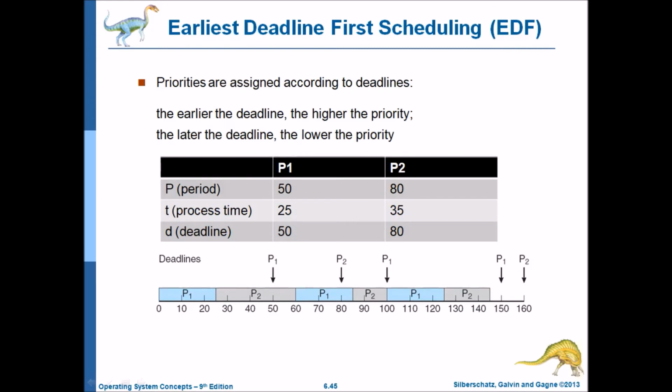To illustrate EDF scheduling, we again schedule processes P1 and P2, with periods of 50 for P1 and 80 for P2, and processing times of 25 for P1 and 35 for P2.